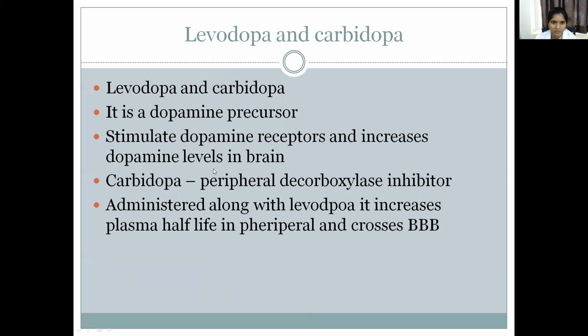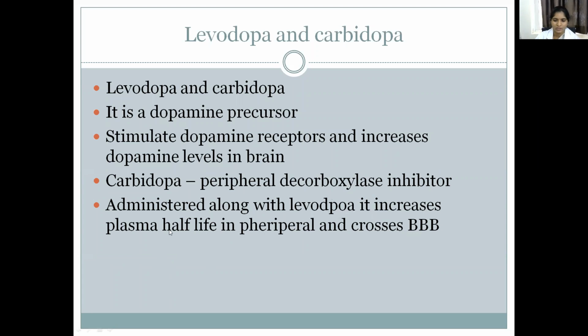It will increase the levodopa levels with the levodopa and carbidopa combination. So it will pass the blood-brain barrier and increase the dopamine levels in the brain. So it is administered along with levodopa. It increases the plasma half-life in the periphery and it crosses the blood-brain barrier.